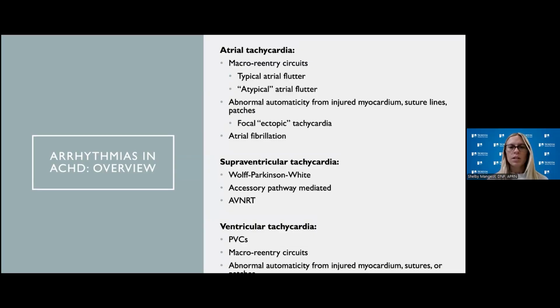And then moving on to the supraventricular tachycardia arrhythmia substrates, such as Wolff-Parkinson-White, our accessory pathway-mediated substrates, and AV nodal reentrant tachs. And lastly, our ventricular tachyarrhythmias. So these include anywhere from PVCs to macro reentrant circuits to abnormal automaticity.